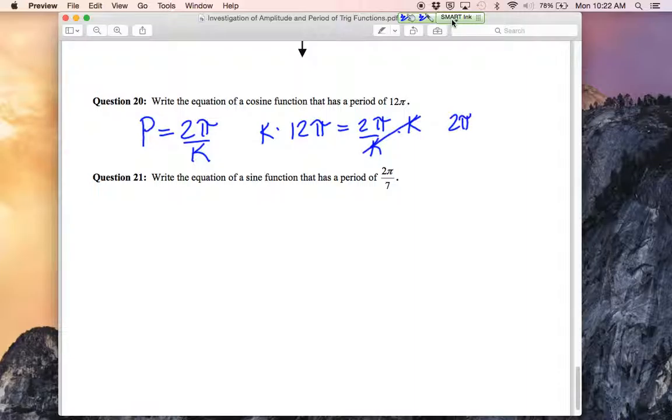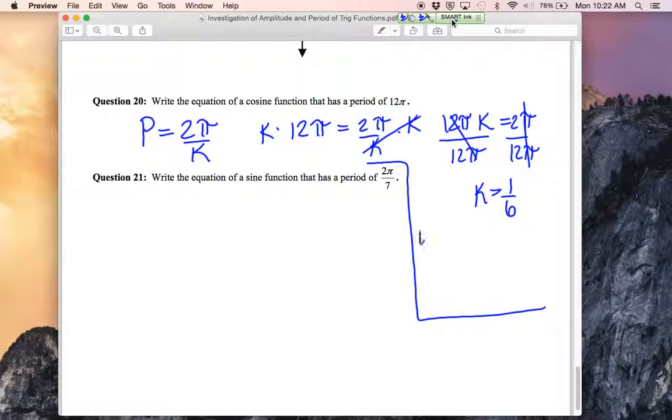I get 12 pi times k equals 2 pi. Divide by 12 pi. Divide by 12 pi. We get that k equals, pi's cancel, so 1 over 6. So my function would be y equals cosine of theta over 6. Okay, because remember this is really 1 over 6 theta, so my k is 1 over 6.